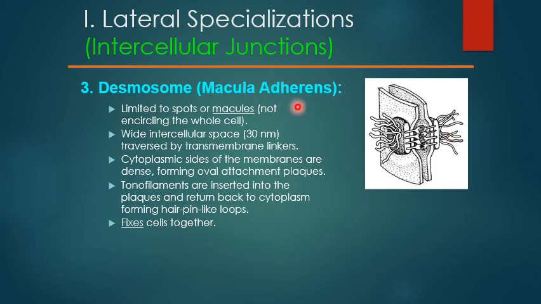The desmosome, or macula adherens: macula means spot. It is a limited spot, not encircling the whole cell, with a space of 30 nanometers. Between the two membranes there are transmembrane linker proteins, and the cytoplasmic aspect is thickened. Attached to it are tonofilaments, which are intermediate filaments, inserted as hairpins.